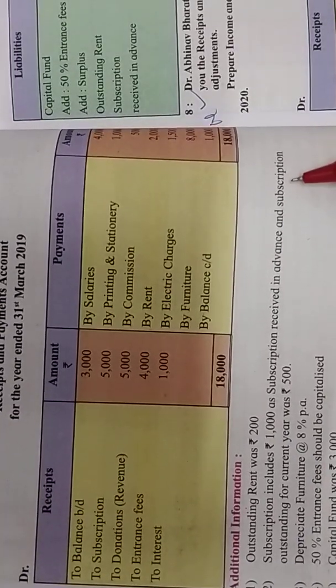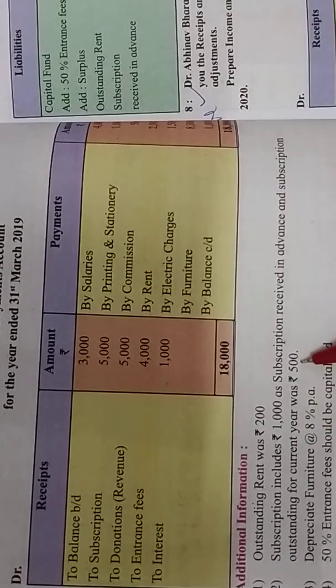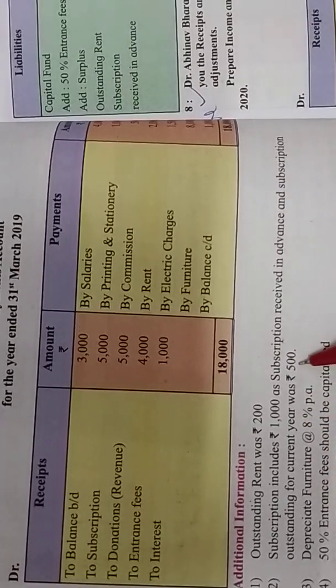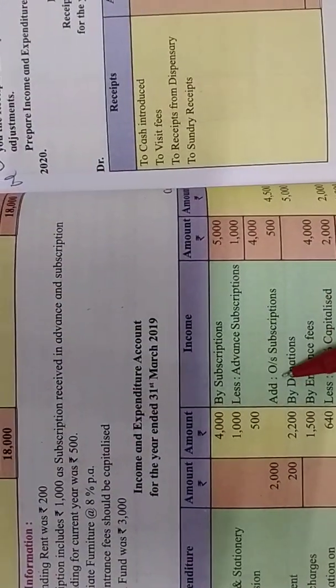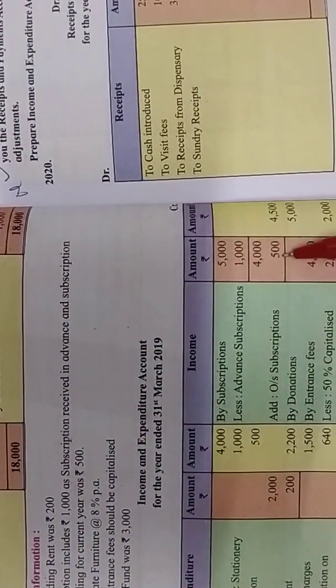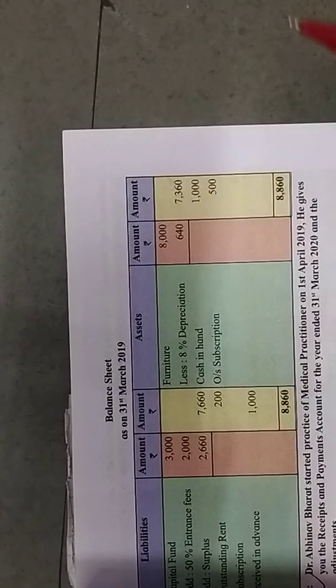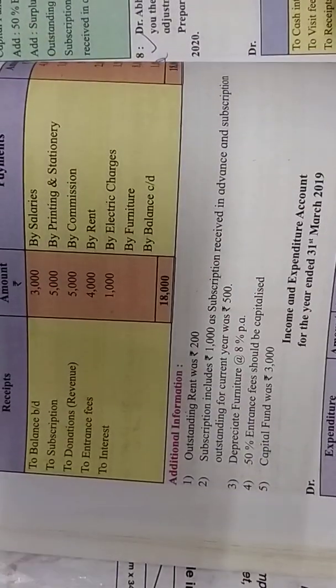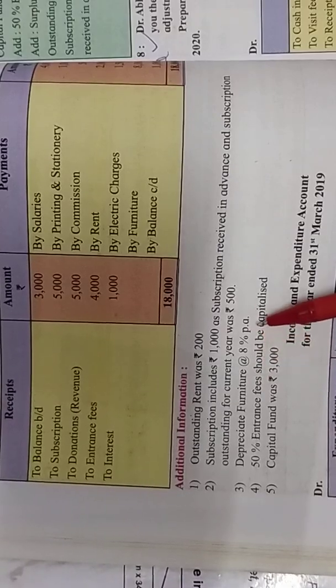And in adjustment 2, subscription outstanding for the current year was rupees 500. Income side: add outstanding subscription 500. Second effect, balance sheet assets: outstanding subscription rupees 500. Adjustment number 3: depreciate furniture at 8% per annum.